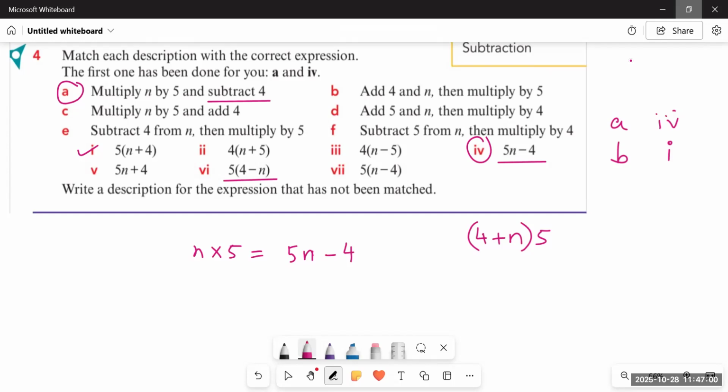Now first we have to multiply n by 5. Again it would be 5n as in part A, and then add 4. So it's 5n plus 4. Which one is that? Number 5. So it means C is 5.